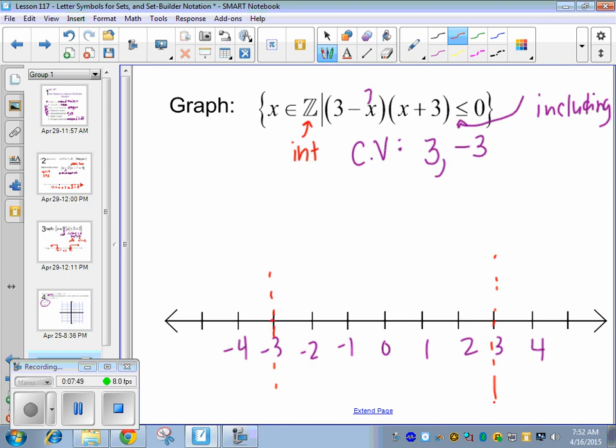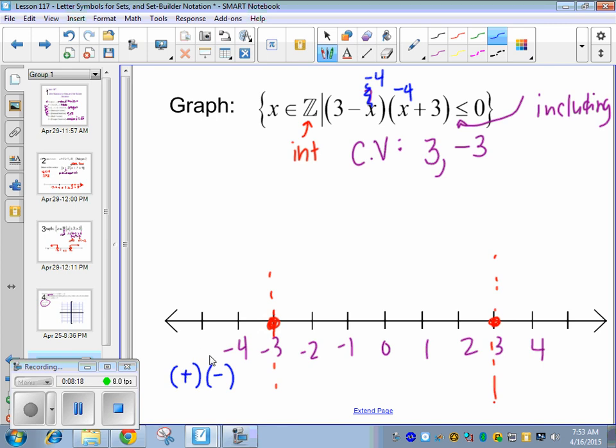We are doing integers, and we are including these points, but we're going to figure out if it's an OR graph or an AND graph by testing points. So if I plug in negative 4 right here, I have 3 minus negative 4. Is that a positive or a negative value? Positive. And if I plug in negative 4 here, negative 4 plus 3, is that positive or negative? That is negative.